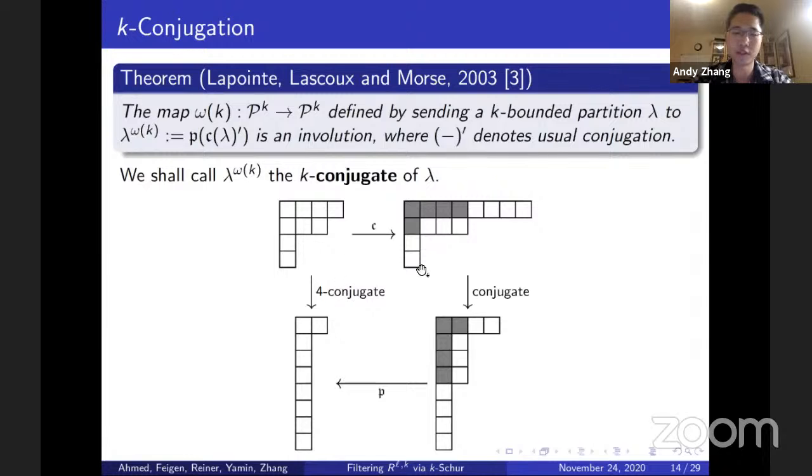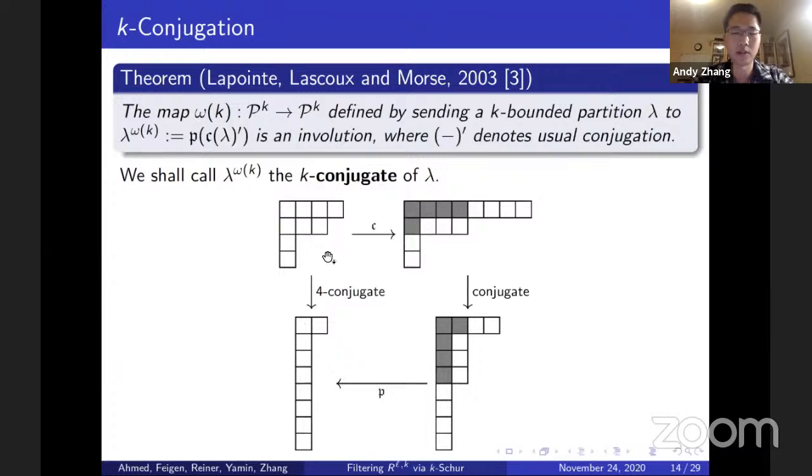So if we first turn it into a k+1 core, then do the usual conjugation, and then apply the inverse map, we're guaranteed to have a k-bounded partition as the k-conjugate. This is very useful because it's an analog of conjugation for k-bounded partitions.